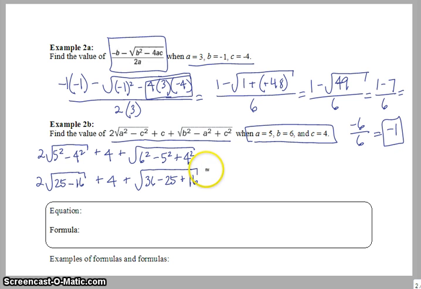We can clean that up some more. We'll go up here. 2 times 25 minus 16 is 9. So 2 times the square root of 9, plus 4. We can't forget that 4 we have out there. Plus, let's work inside this square root. 36 minus 25 is 11, plus 16 is 27.